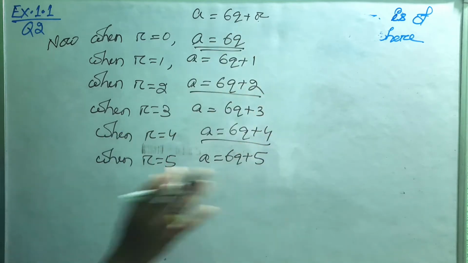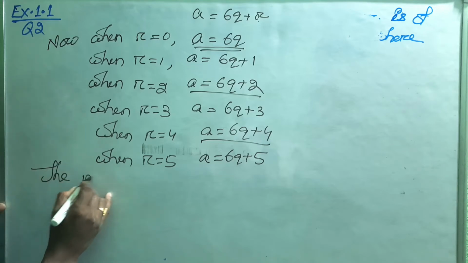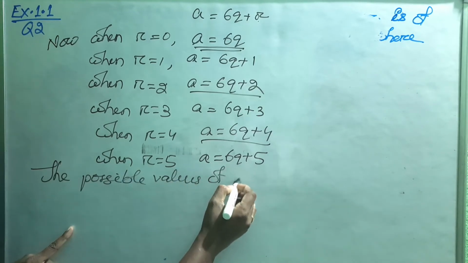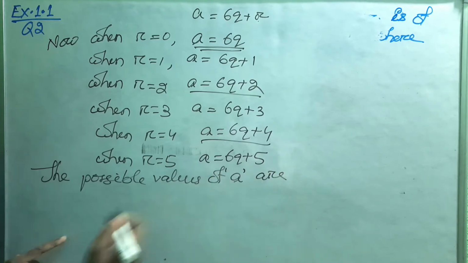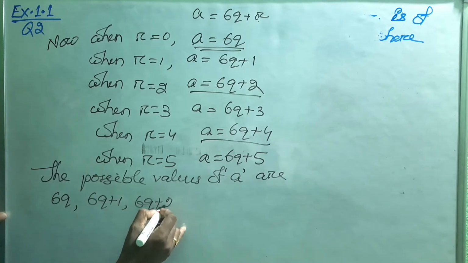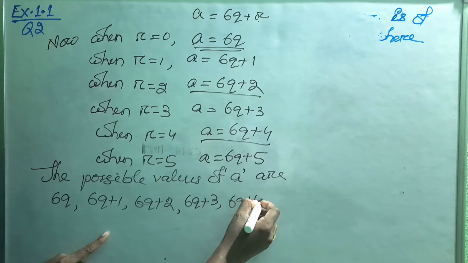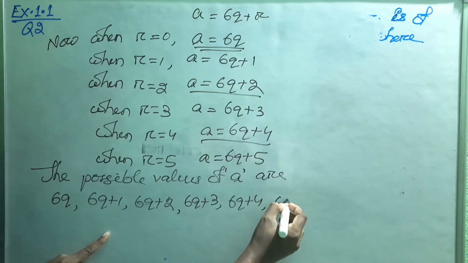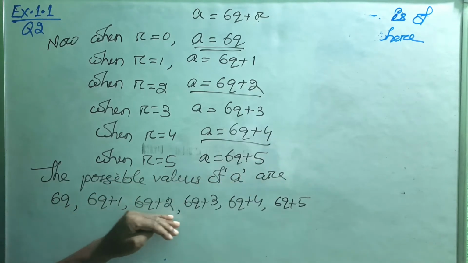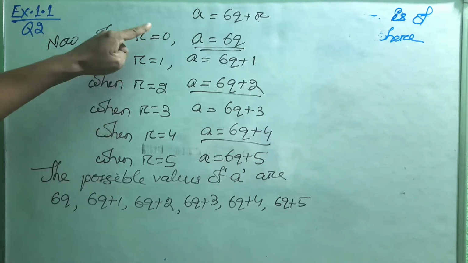If you consider these 3 cases, I write down first the possible values of a are 6q, 6q plus 1, 6q plus 2, 6q plus 3, 6q plus 4 and 6q plus 5. These are the possible values of a according to the values of r.